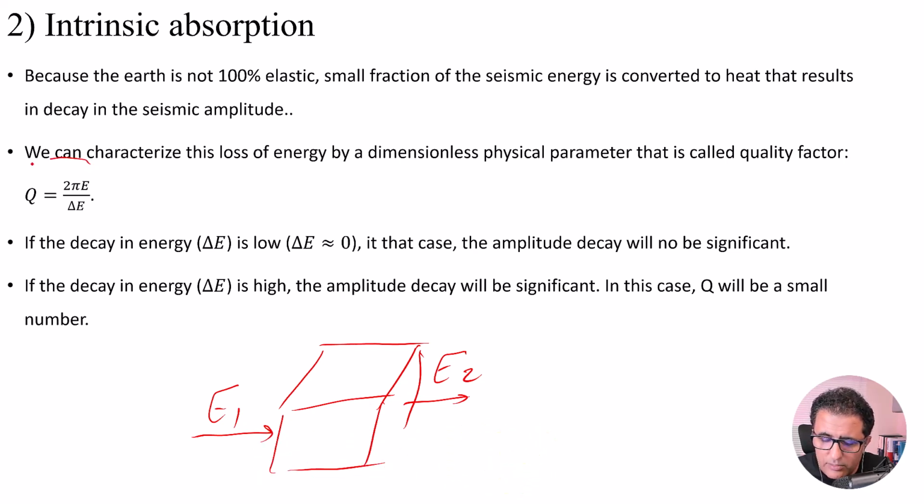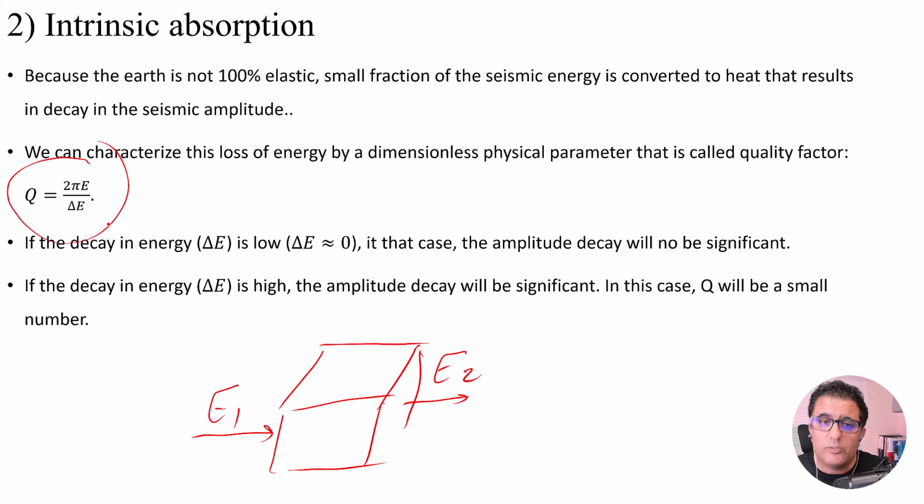As a result, we can define one important parameter called the quality factor. Assume that E is the initial seismic energy and delta E is the energy loss. In a condition where there is no energy loss, in other words a perfectly elastic medium, delta E would be equal to 0, so the quality factor will be very high.